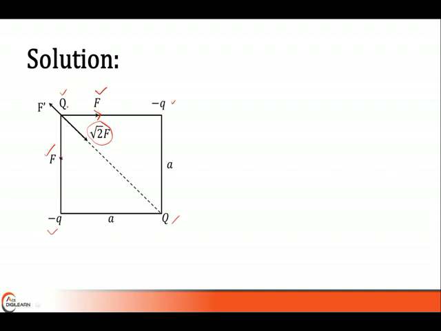Since Q is positive, the other Q will repel it, and let the force between them be F prime. Now if the net force on capital Q should be 0, then these two forces must balance each other. So we have F prime must be equal to root 2 times F.